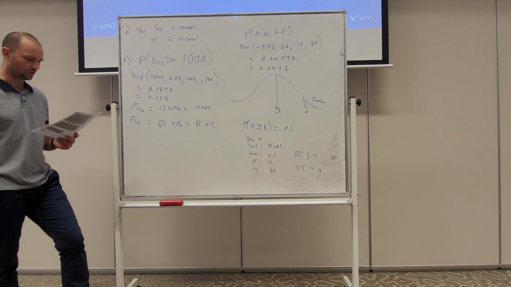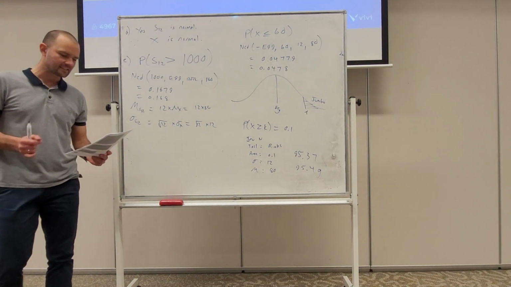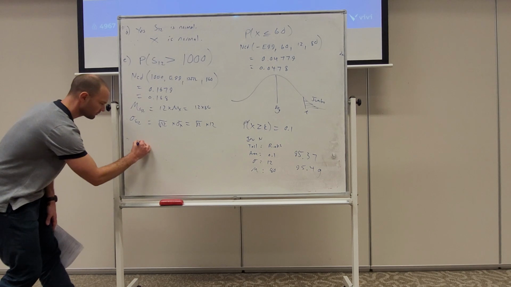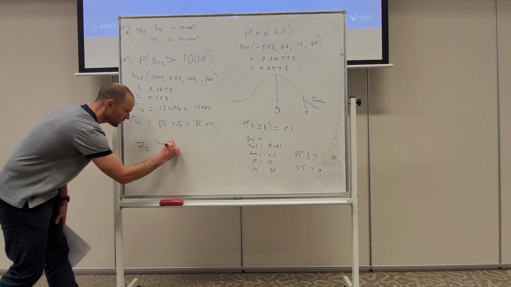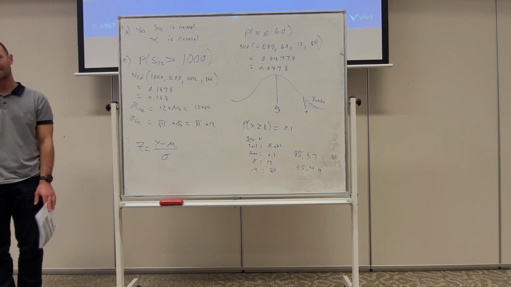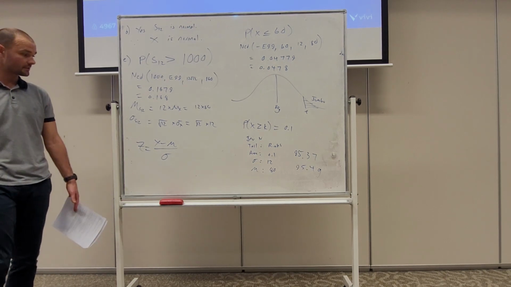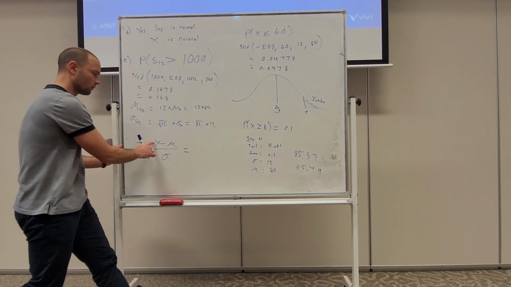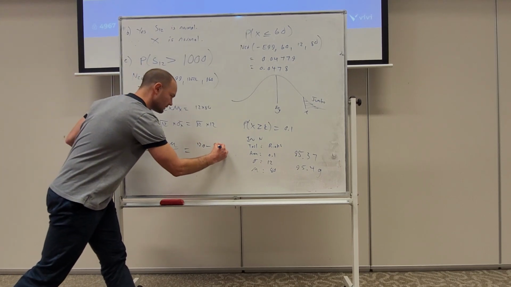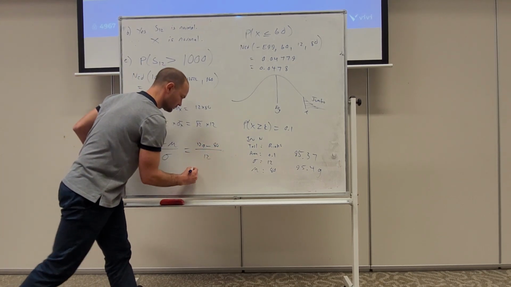All right, one massive egg weighs 120 grams. This is an enormous egg. How many standard deviations is it above the mean? So this is a z-score question. Remember, a z-score is a measure of how far a result lies above or below the mean. That's the formula for the z-score. So you have your result, 120, take the mean, which is 80, divided by the standard deviation, which is 12.